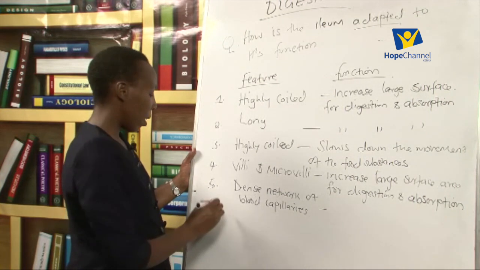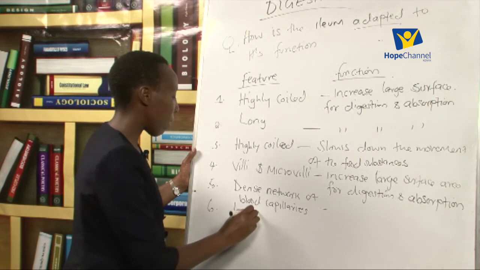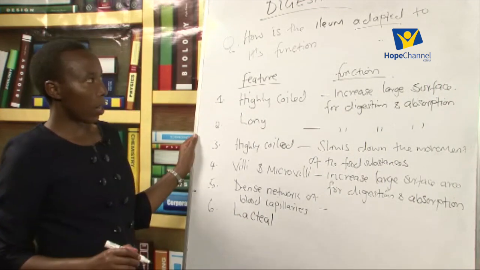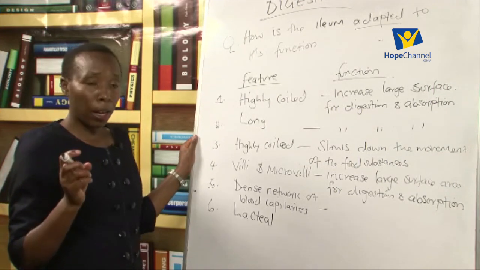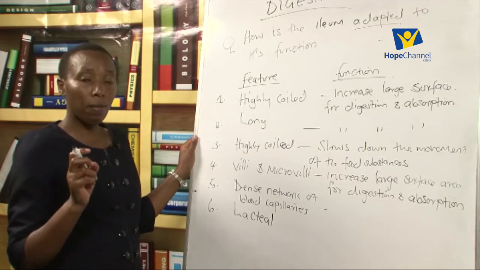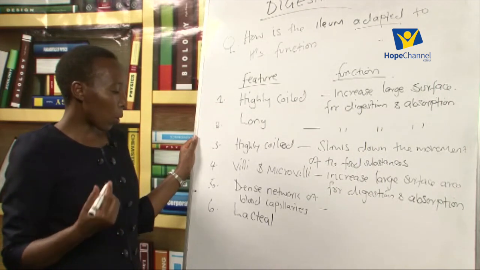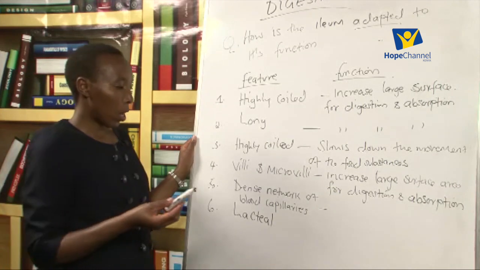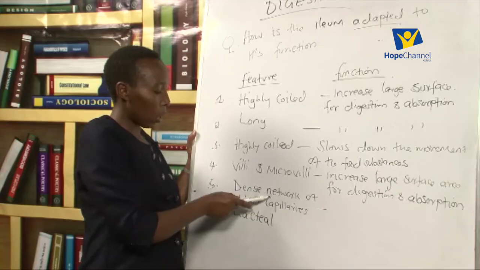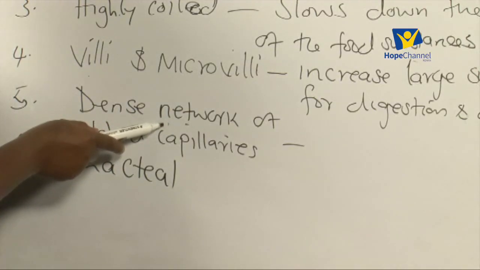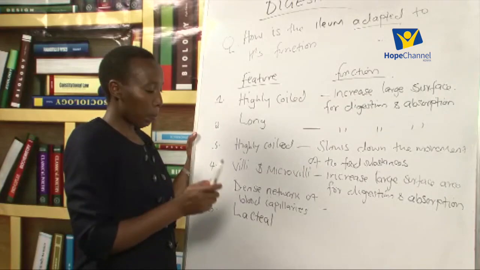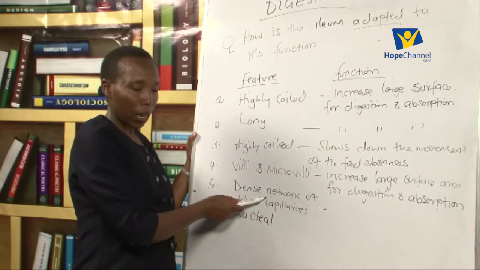Then number 6, there is also a structure by the name, the lacteal. And you realize that we said that we have end products of digestion: glucose, amino acids, fatty acids, and glycerol. The glucose and the amino acids are directly absorbed into the blood capillaries.